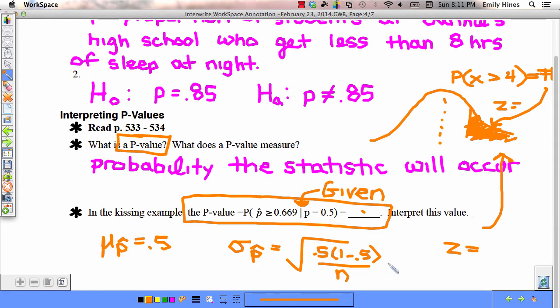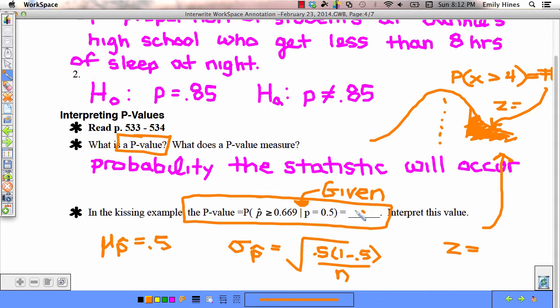What it means is it's the probability that, if p really is 0.5, I would get a sample that has a sample statistic p-hat greater than or equal to this value. And if it's a big number, if my p-value is large, like 0.2, so like 20% or 15% or 16% or 60%, then I would say, oh, that's pretty likely that that would happen.